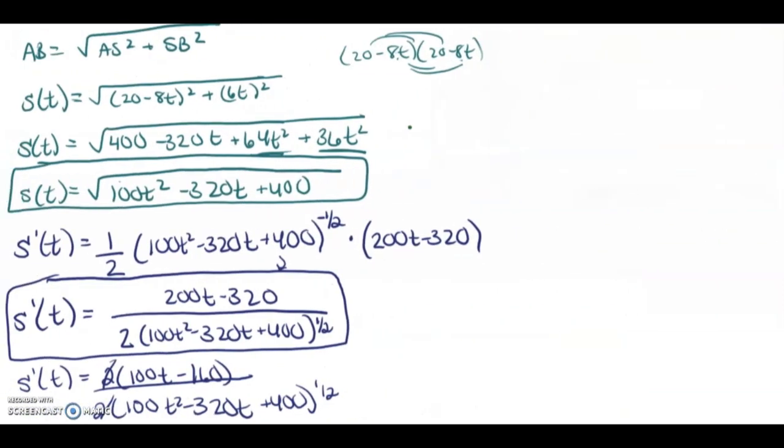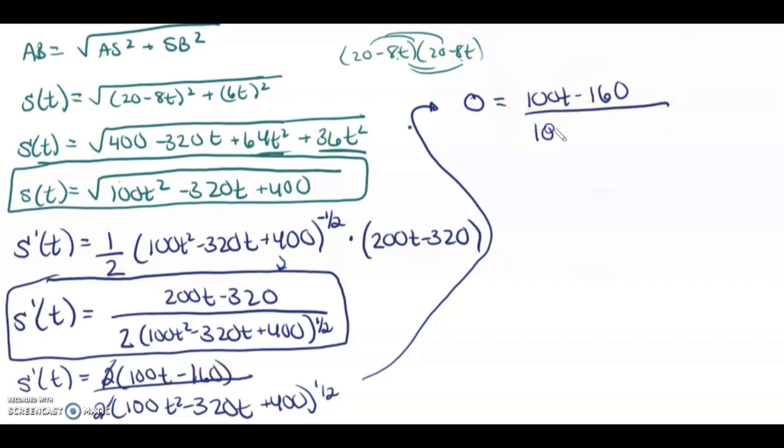So what we want to do is determine when the derivative equals 0. So 0 equals 100t minus 160 over the denominator, 100t squared minus 320t plus 400, all to the 1/2.